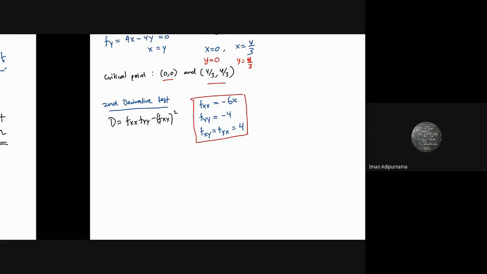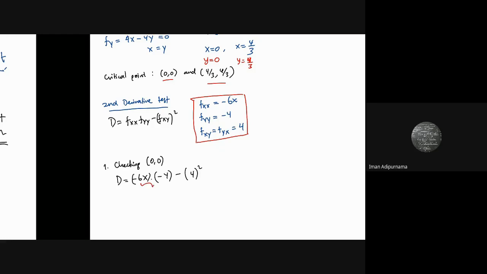So first, checking the first point, (0, 0). So D will be -6x, okay, let me write this, and then Fy, -4 squared.